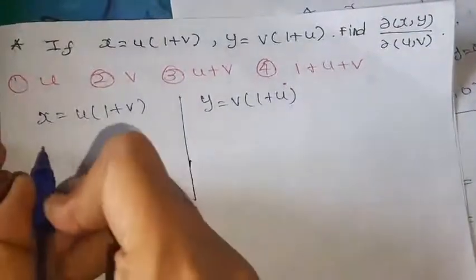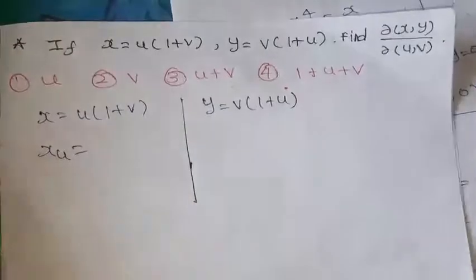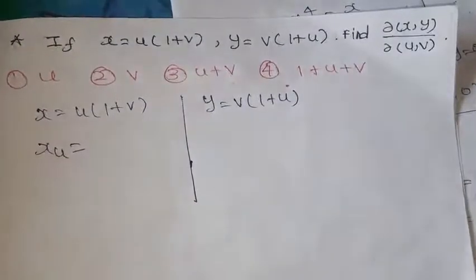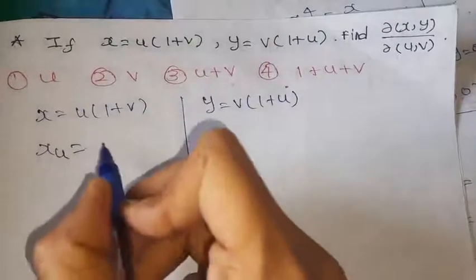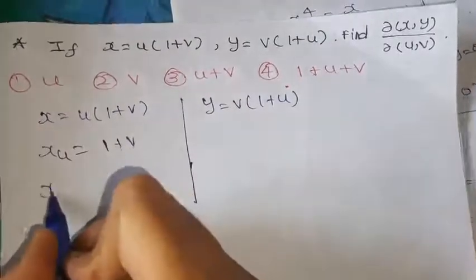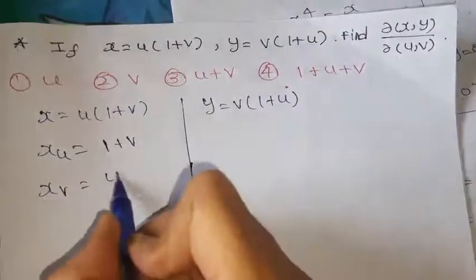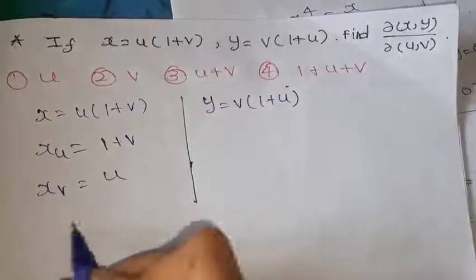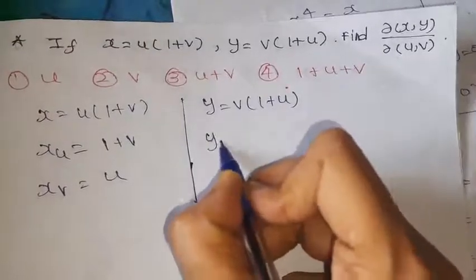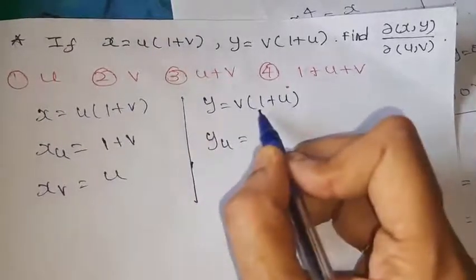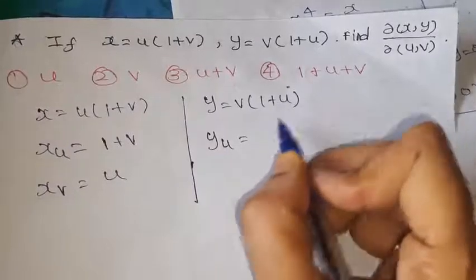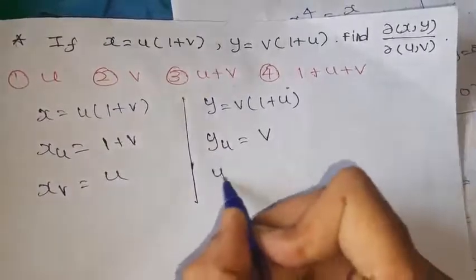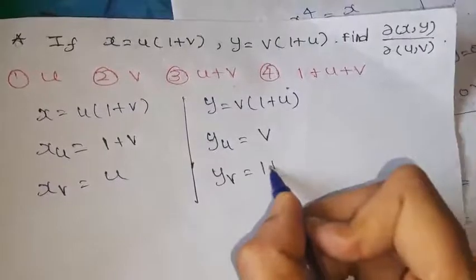So first we need to find ∂x/∂u. Partially differentiate with respect to u. So 1 plus v. Then x_v is nothing but u. Then y_u is nothing but v plus uv differentiated, what we will get? v. Then y_v equals 1 plus u.